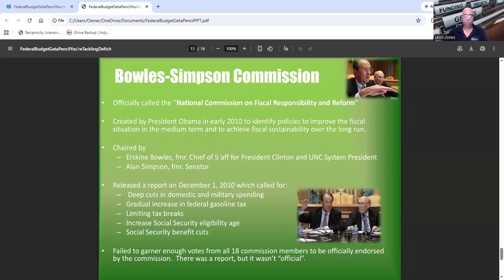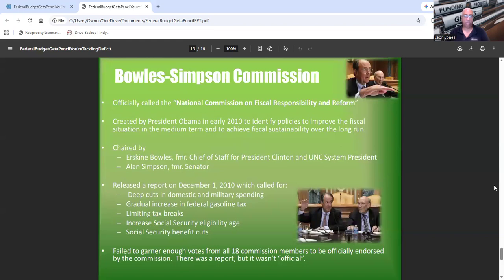Then you have the Bowles-Simpson Commission, officially called the National Commission on Fiscal Responsibility and Reform. That was created by President Obama in early 2010 to identify policies to improve the fiscal situation in the medium term and to achieve fiscal sustainability over the long run. It was chaired by Erskine Bowles, former chief of staff for President Clinton and UNC system president, and Alan Simpson, former senator.